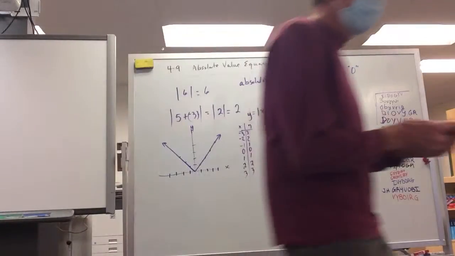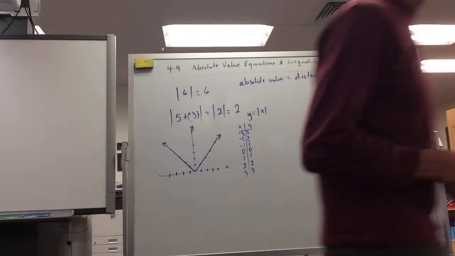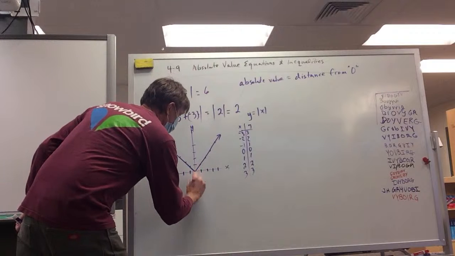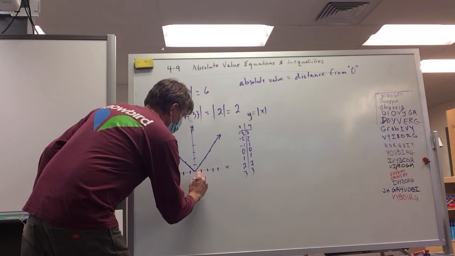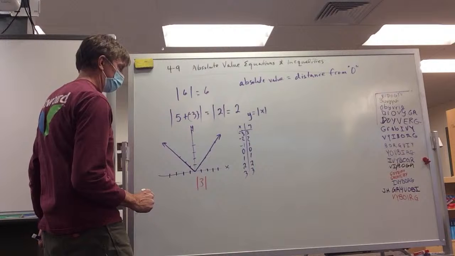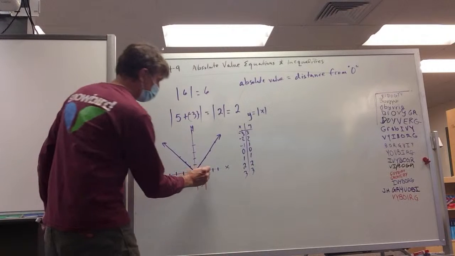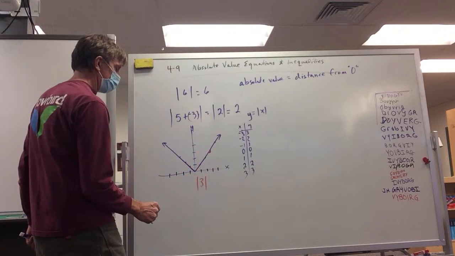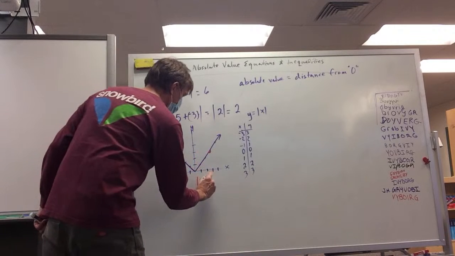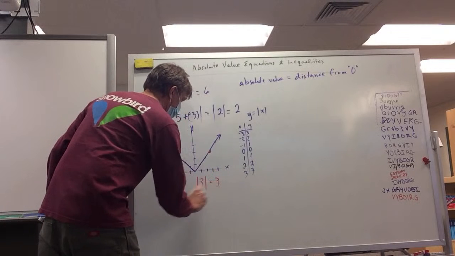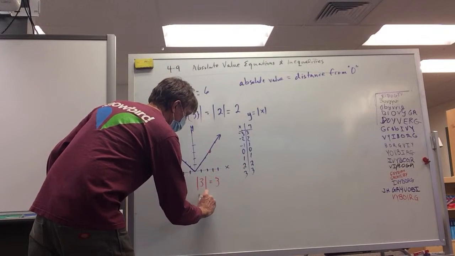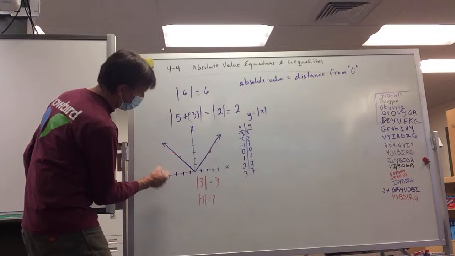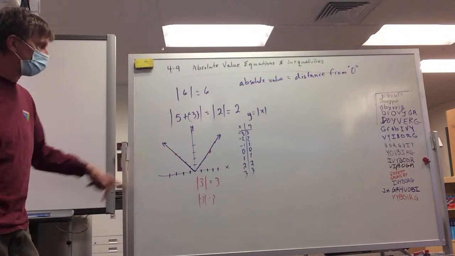Now, a way to read this graph: if, for example, I wanted to look at the absolute value of 3, 1, 2, 3, that's this number right here, isn't it? And if I looked at the absolute value of negative 3, that's over here, 1, 2, 3. A negative 3 comes out as a positive.